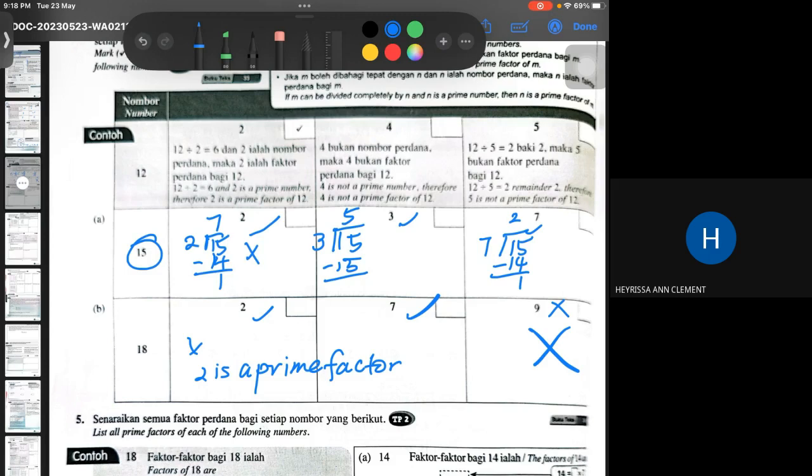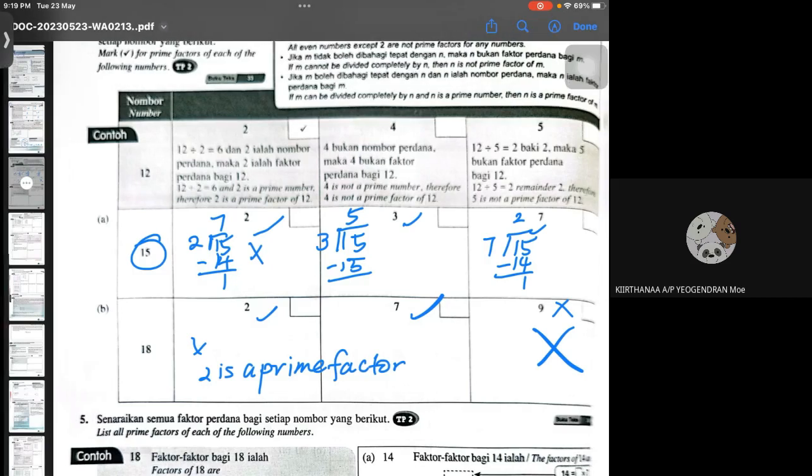How? How did I find that 2 is a prime factor for this number? Because we can divide 18. Yes, because the last digit is an even number and then it can be divisible by 2. And this one is a prime factor.